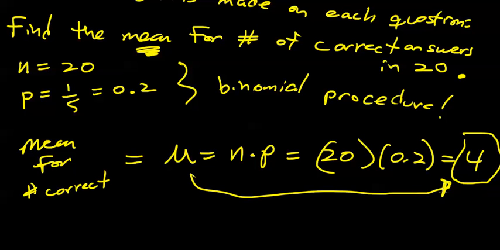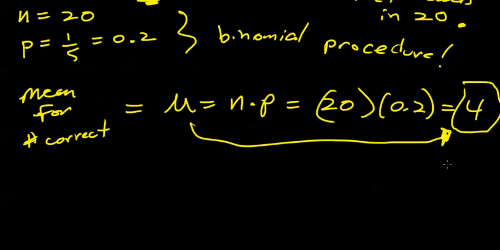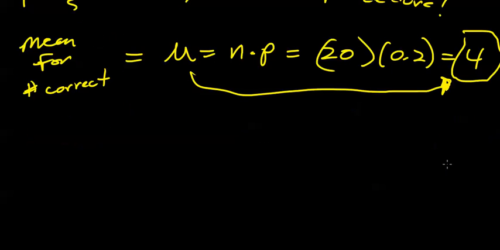Alright, so what this is saying, in the long run, if you perform this experiment, in other words, take this test and make random choices on each question without knowing anything, you can expect, in the long run, 4 correct answers out of 20. Not a stretch to believe that, I suppose.